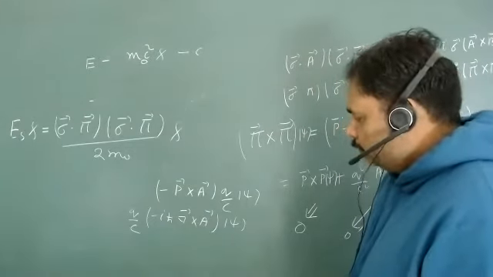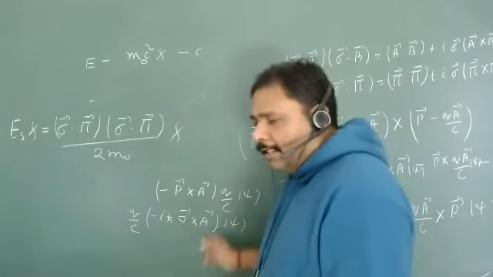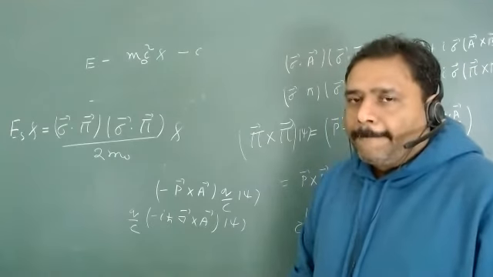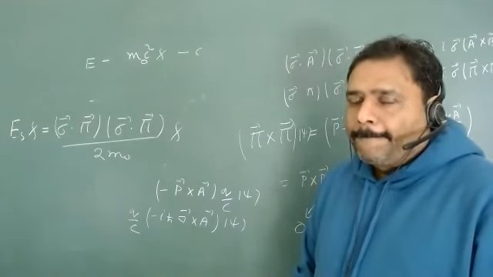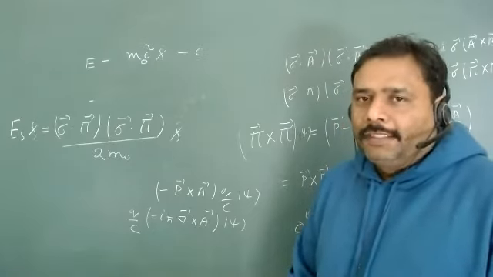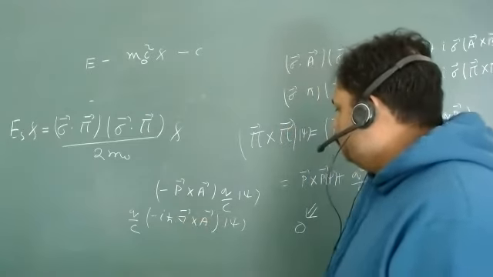B. What will happen to del cross A? Tell me. You have done your electromagnetic theory. Sir, B, magnetic field. You know all this concept, yes, isn't it? Del cross A is nothing but your B, the magnetic field.